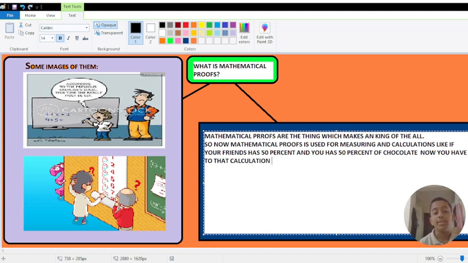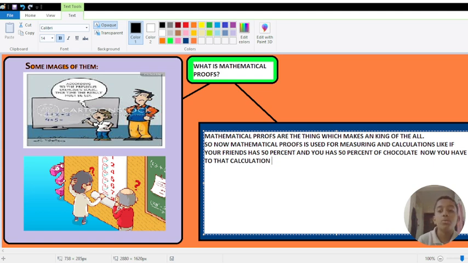Not like you give 60% to him and take 40% yourself, or take 90% for yourself and give him 10%. Not like that. For doing this we use a mathematical proof.